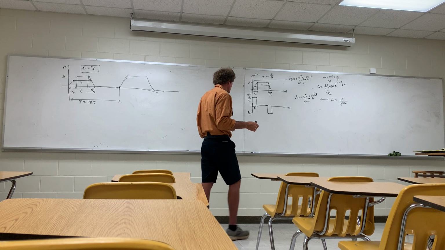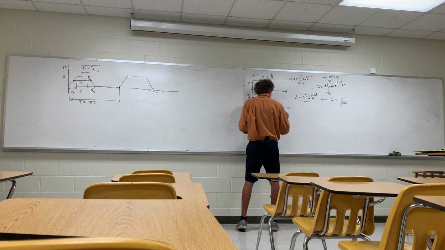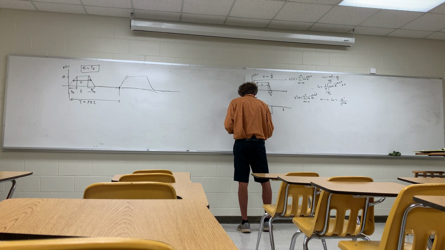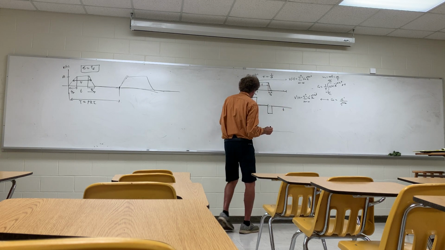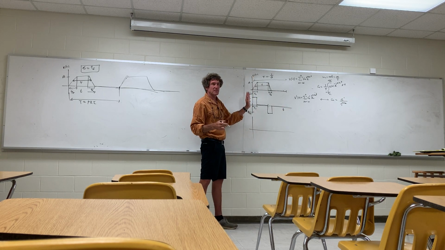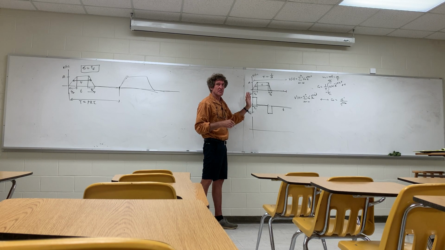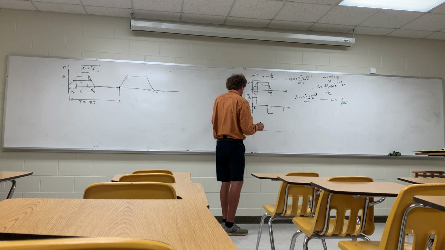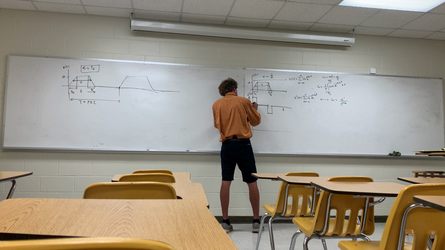Now I take another derivative of this, and this is the axis time. And when I take that derivative, I get this. Now, what's the derivative of a u of t function? Because this is what this looks like. It's a delta function, right? It's the slope of the line, it goes from nothing to a value.